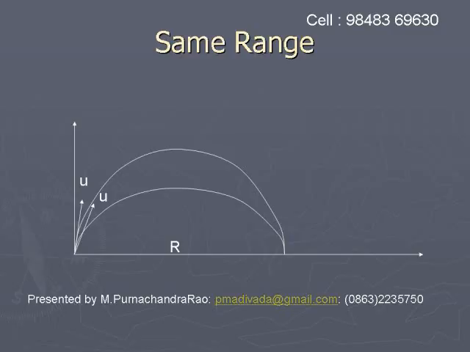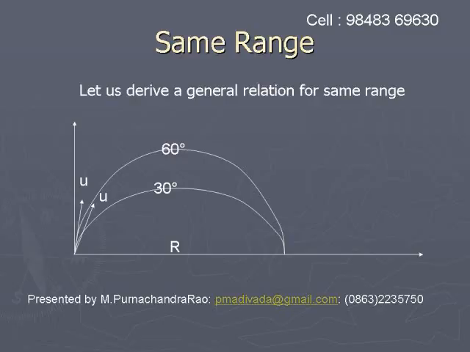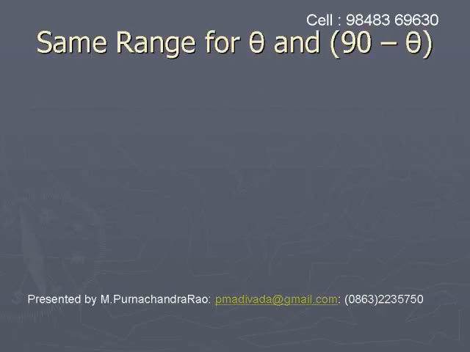Same range. The horizontal range will be the same for two angles of projection if the velocity of projection is the same. For the same velocity of projection and for two different angles, 60 degrees and 30 degrees, the range is the same. Like this, let us derive a general relation for the same range. For theta and 90 minus theta, the range is the same.